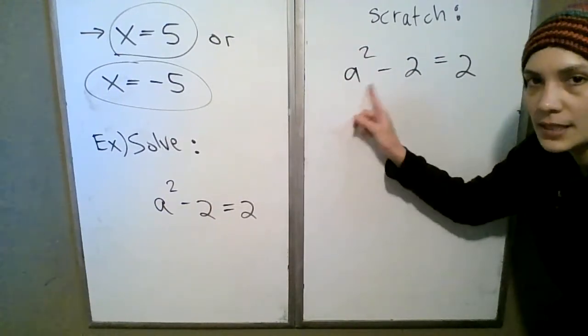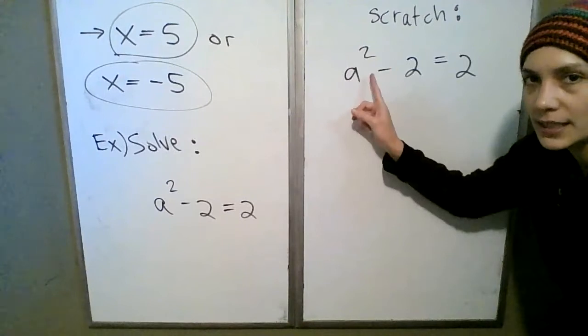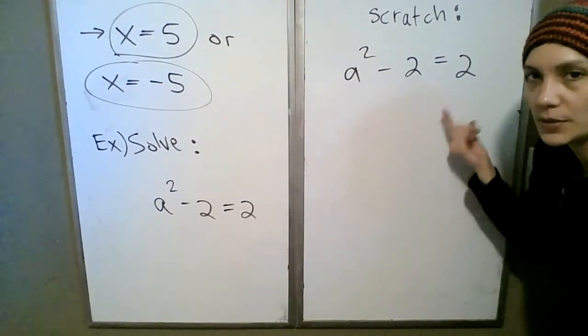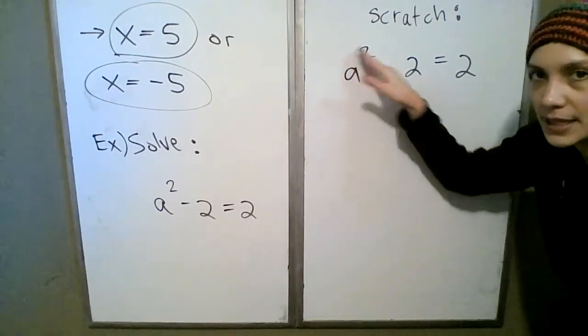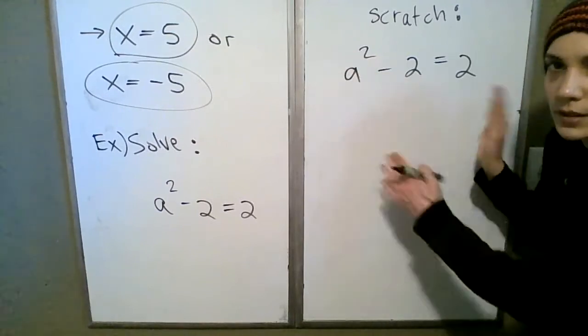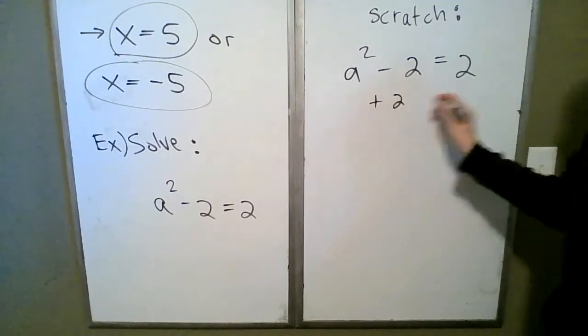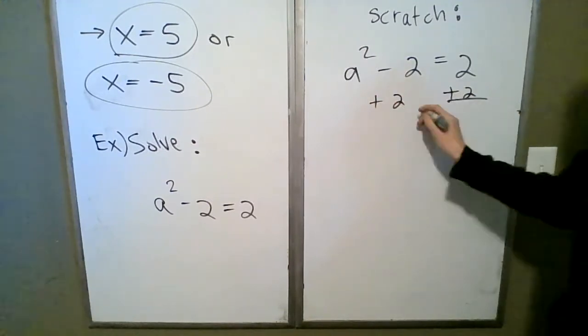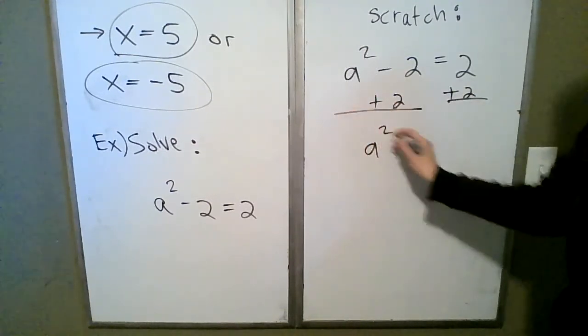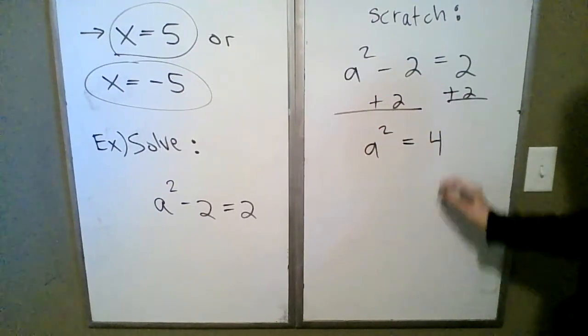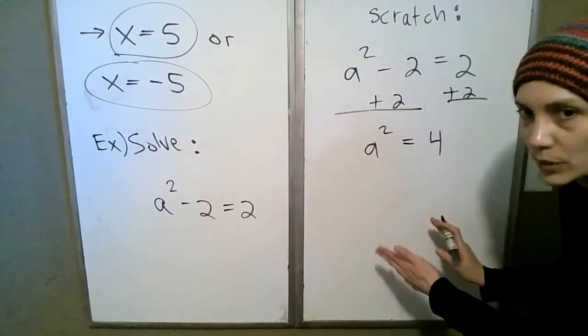When I get this value that's squared isolated, add this 2 to both sides. Then after, I can take care of the exponent with a root, with the square root method. So this is where we square root both sides.